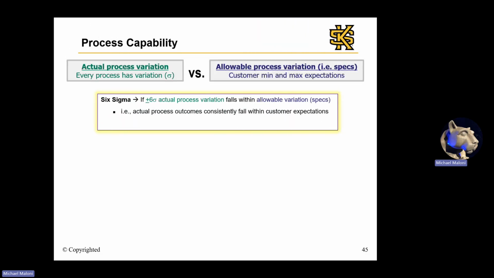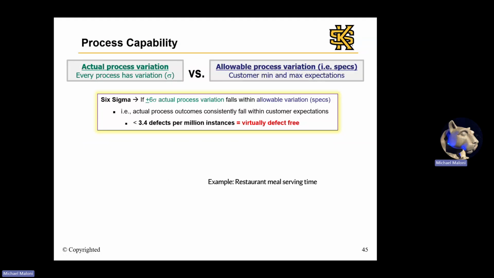Virtually all of the actual process variation falls within customer specifications. Six Sigma quality means 3.4 defects or fewer per million opportunities, which is virtually perfect.